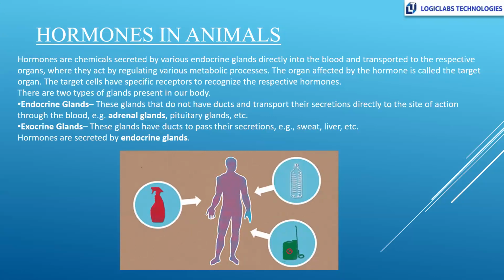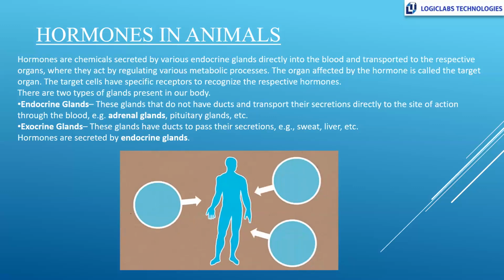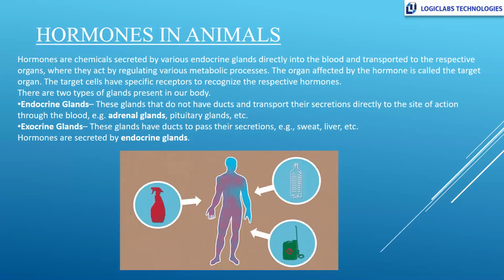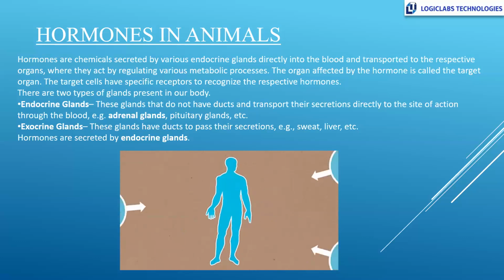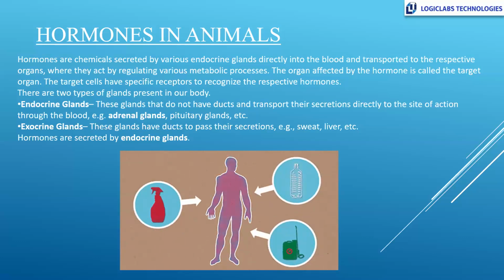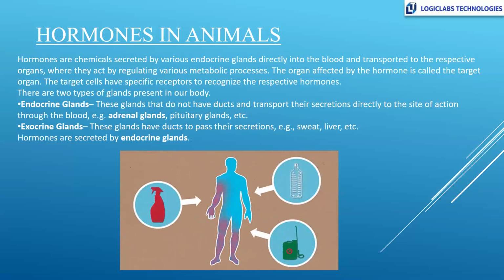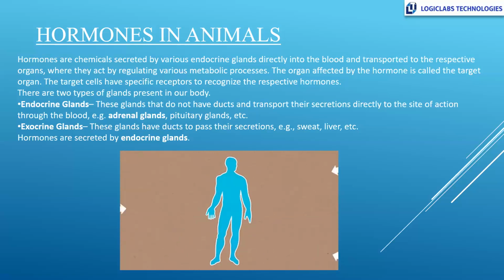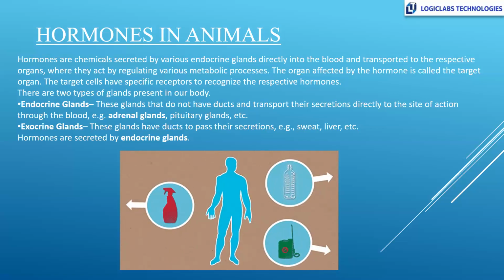Hormones are chemicals secreted by endocrine glands, which enter directly into the blood and are transported to whichever organs need them, where they act by regulating various metabolic processes.